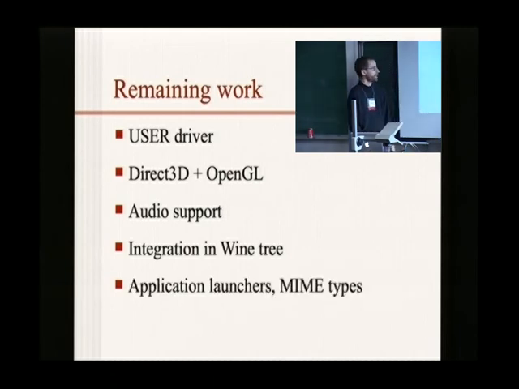And the last thing we need is to do more integration, like I mentioned, having apps show up in the task manager, having, for instance, MIME type associations. So if you receive a Word document in your Android email client, you can click and it opens in Word on your Android device, things like that.